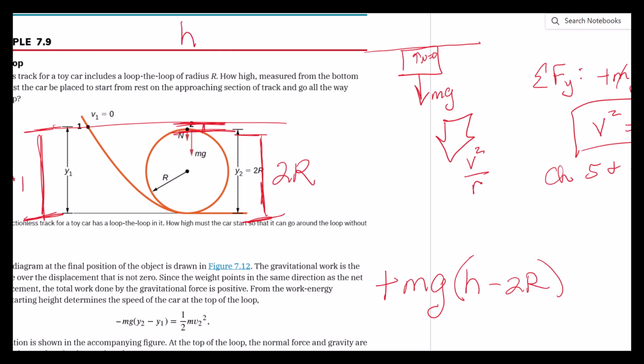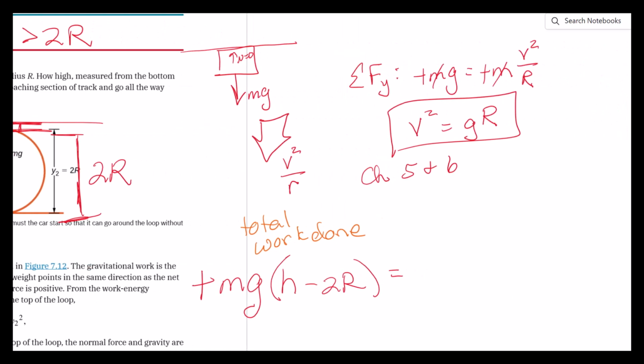Then gravity has done positive work. If h were less than 2r, gravity would have done negative work, but say, good job gravity, you managed to successfully move something down. So the total work done, and the only thing doing work here is gravity, and then the difference in the kinetic energy.